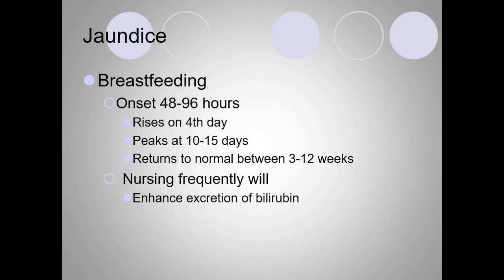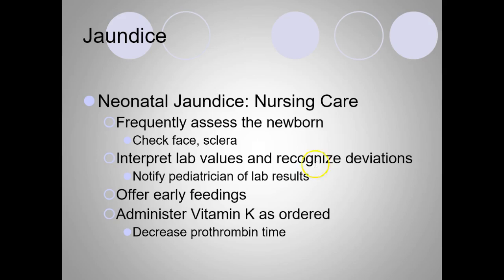So with breastfeeding, it takes time for them to get the volume in. Some babies just don't have enough volume, and it's taking a little while to get it in. It rises on the 4th day, peaks at day 10 to 15, and usually returns. So usually it's okay. It just takes a little while to get that volume in.